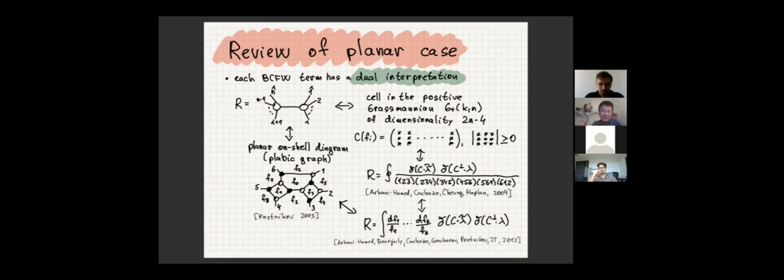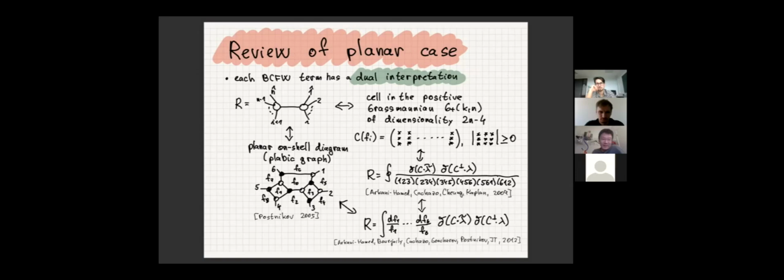And then the same expression is recovered as the D-log form on these variables, again with the same kinematical conditions on the C matrix, which relate the parameters of C with lambda and lambda tilde. So this is all very well understood, but it is just for the planar case with the connection with the BCFW terms. Of course, we can also draw non-planar on-shell diagrams, which has been done in the past, and calculate these canonical forms as well.